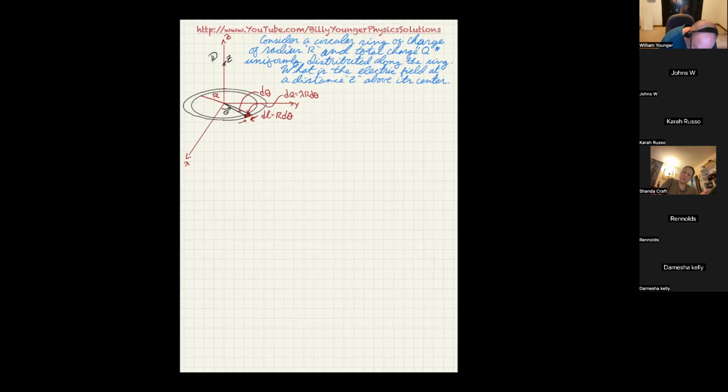What I want you to do now is think about the components of the vector that points to dQ, because that vector is RdQ. Okay, so we can say RdQ sub X is this little guy, and RdQ sub Y is this little guy.